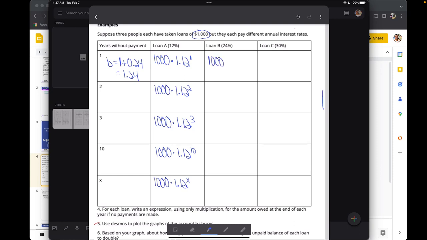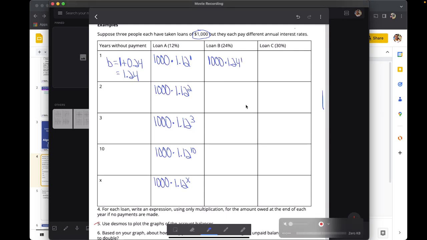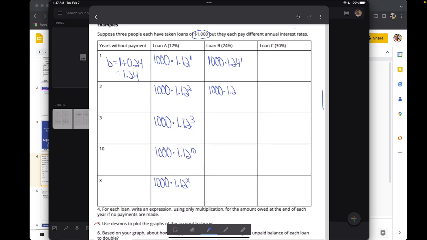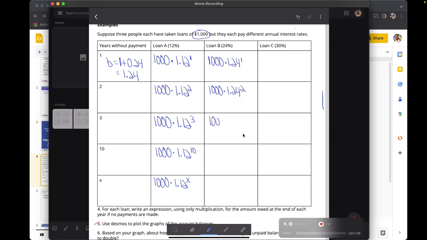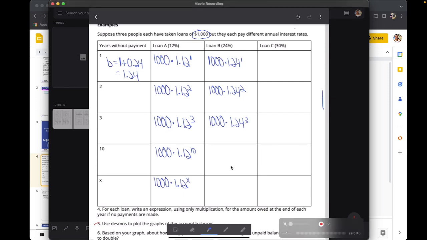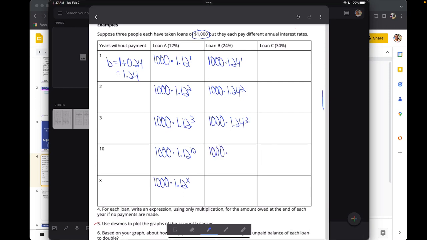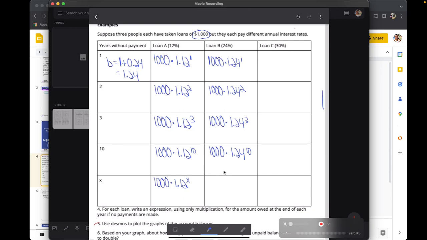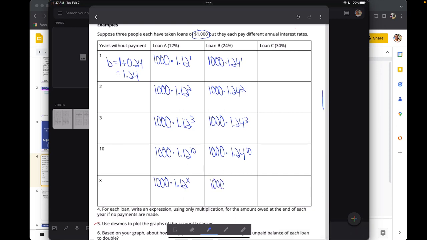So this will be 1,000 times 1.24 to the power of 1, 1,000 times 1.24 squared, 1,000 times 1.24 cubed, 1,000 times 1.24 to the power of 10, and 1,000 times 1.24 to the power of x.